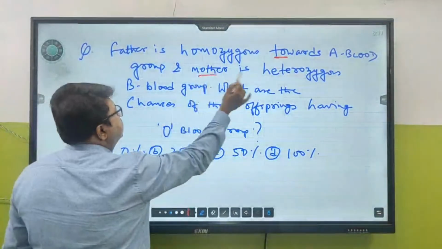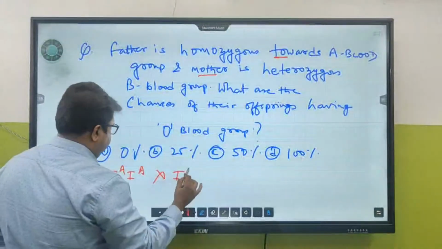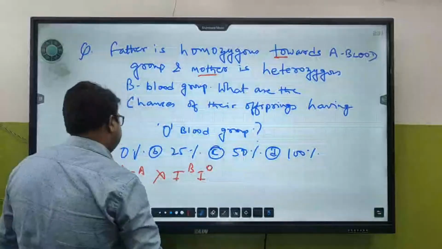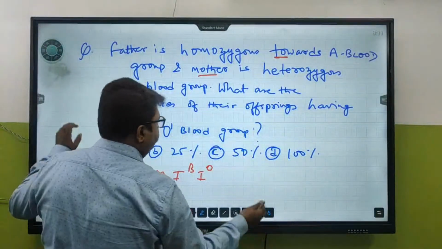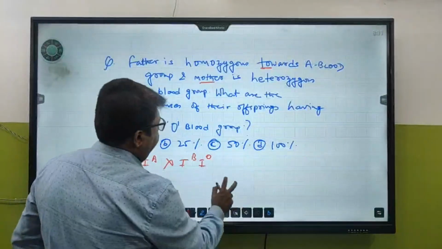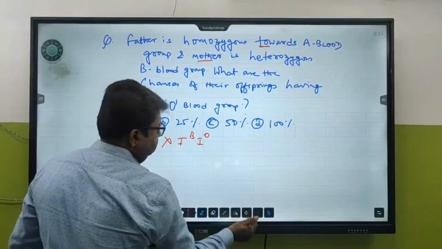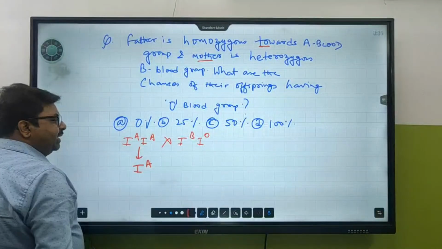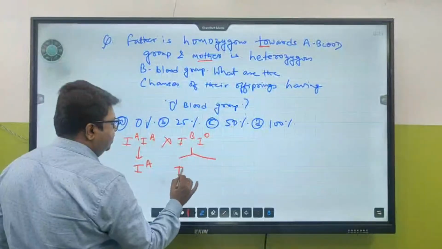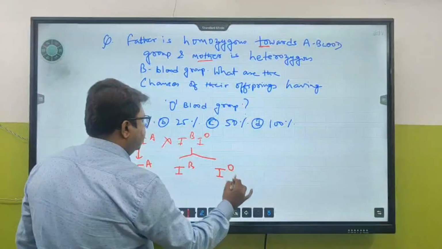And mother is heterozygous B, so IB, IO. So from here, the gamete is going to come as IA. From here, the gametes will be IB, IO.